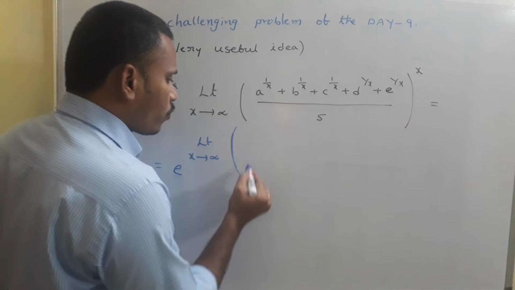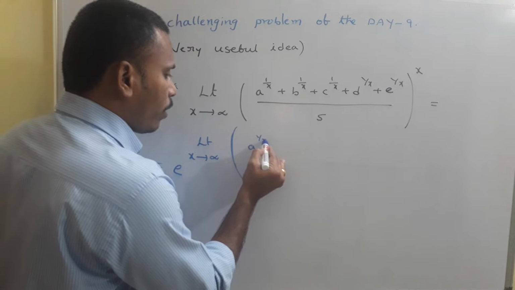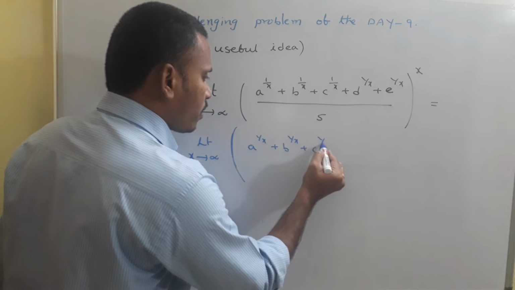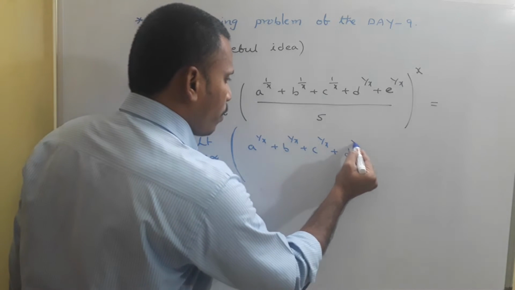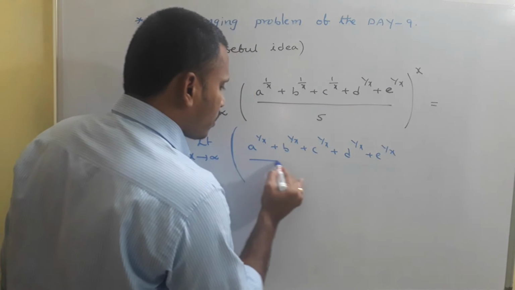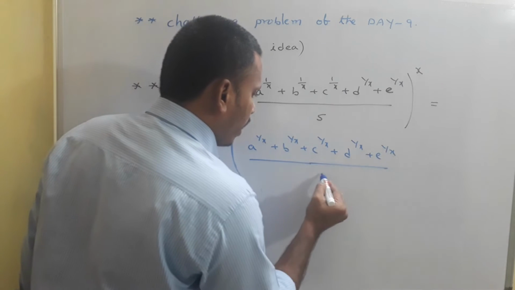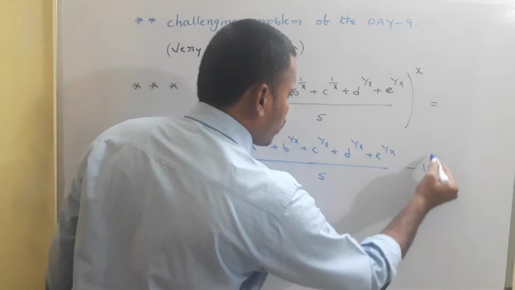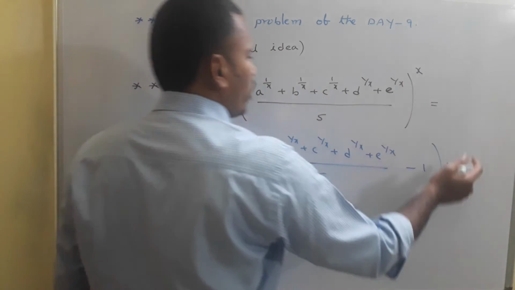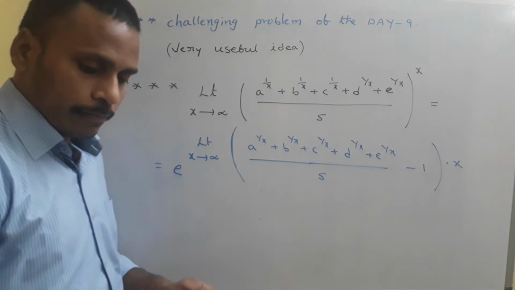So base minus 1 means (a^(1/x) + b^(1/x) + c^(1/x) + d^(1/x) + e^(1/x)) divided by 5 minus 1, into power, and that power is x. We need to write it as into x.